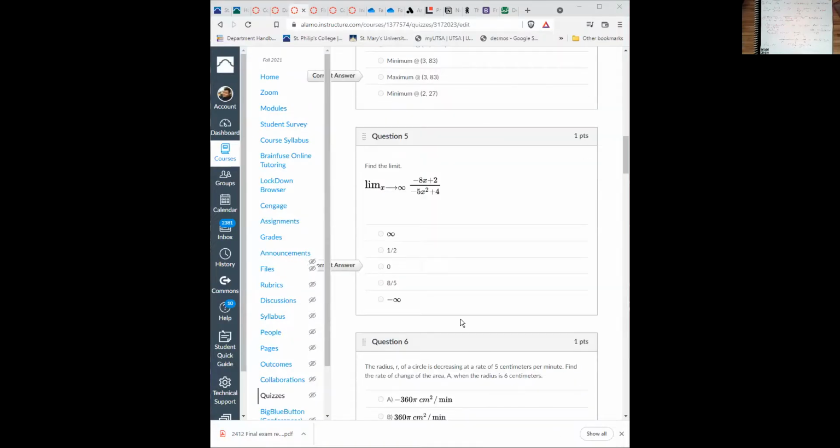All right, number 5. And limit. That looks like infinity over infinity, right?